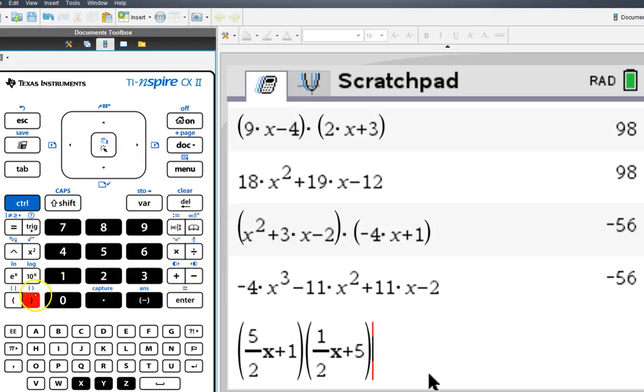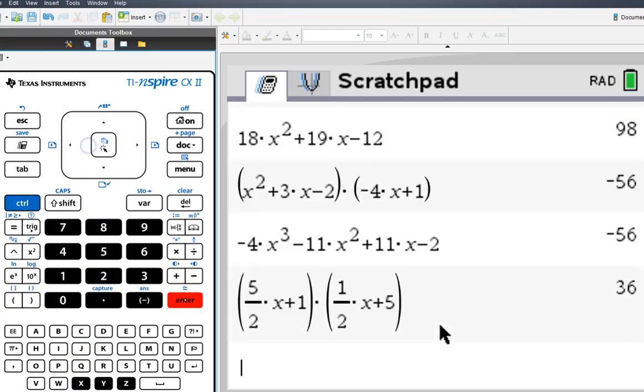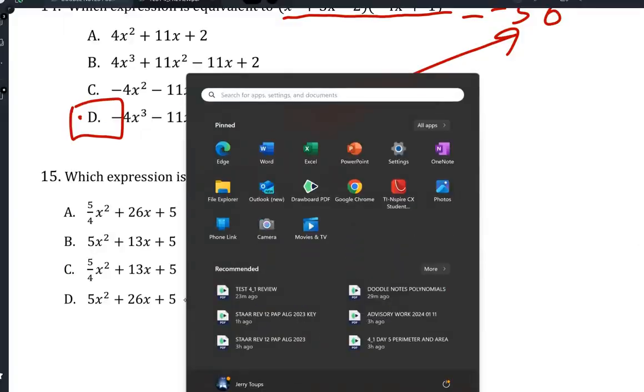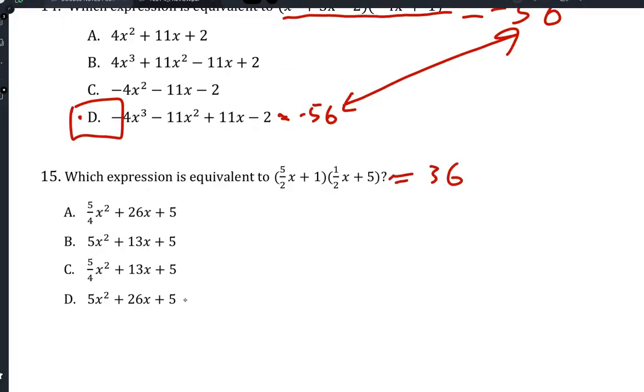Close the parentheses. Hit enter, and I get 36. So go to your paper, put equals 36. One of these is going to be 36.